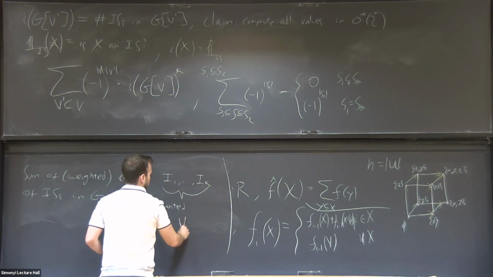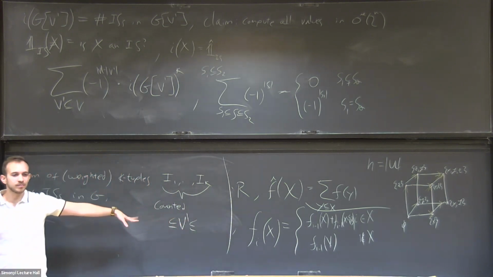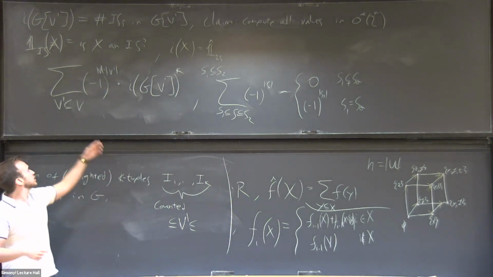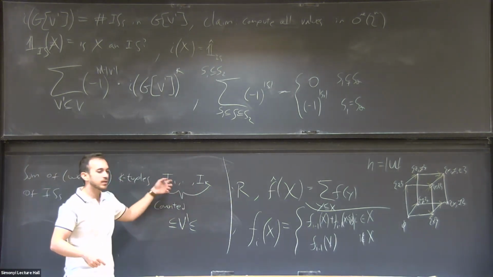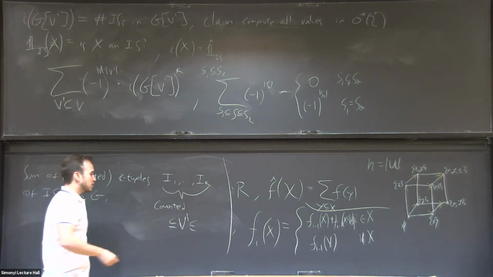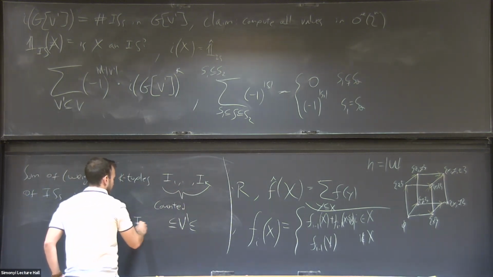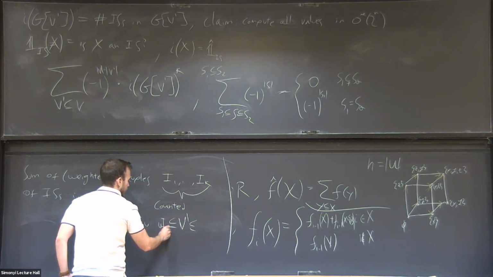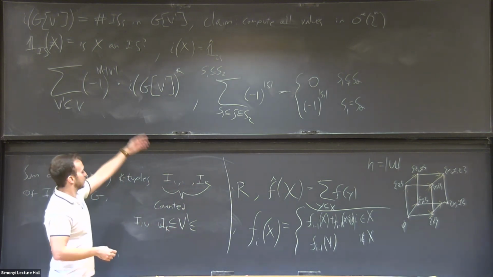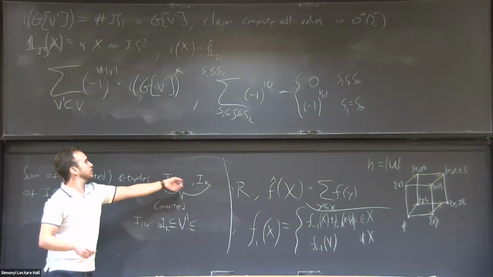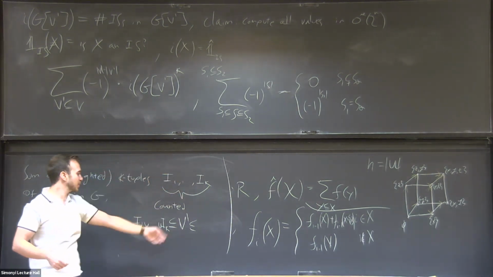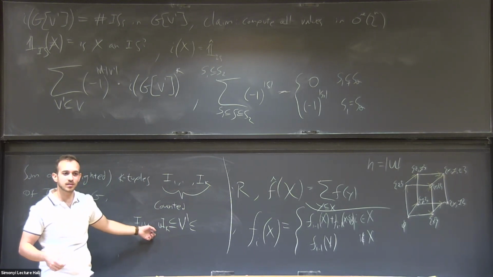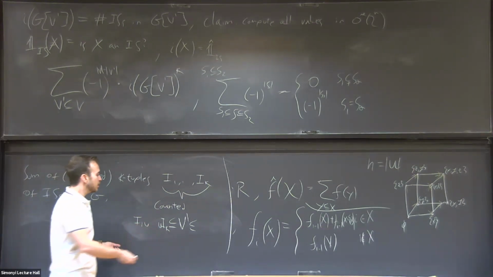for which V primes. So which subsets will include this K tuple of independent sets. This will be anything that is at least containing all of them, right? If I want to have this thing counted in these K tuples, I need to contain all of the vertices that these independent sets are using.